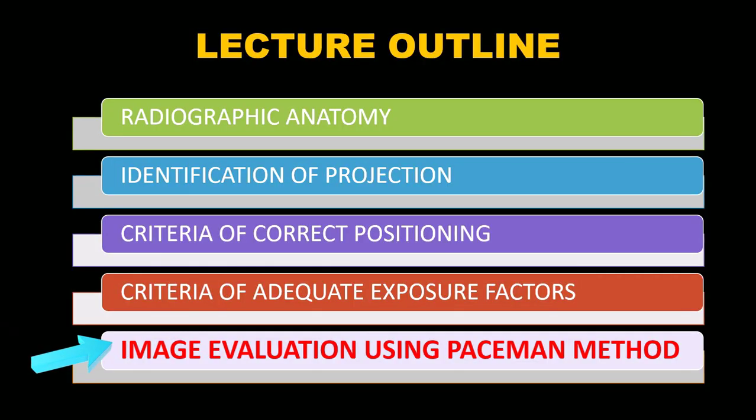Next, we have reached the fifth part, which is evaluation of PA of the chest using the PACEMAN method. Before we start, I would like to highlight that it is important for us to have a systematic approach in radiographic image evaluation so that it can help us to consider all aspects before we decide to accept or reject the images.